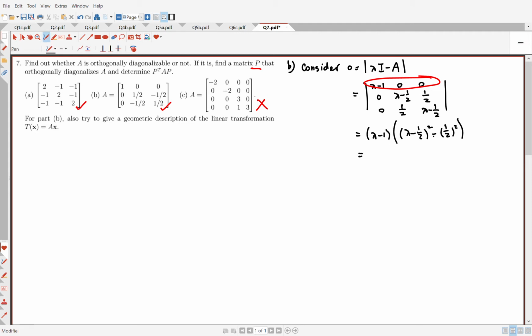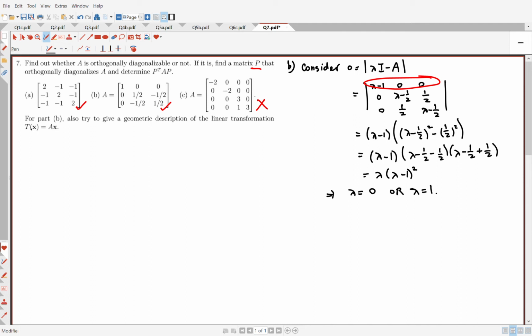And this is just A plus B, A minus B, because this is A squared minus B squared. So I will have lambda minus half, lambda minus half plus half. So this is lambda minus 1, this is lambda. So I have lambda times lambda minus 1 squared. So lambda equals 0 or lambda equals 1. So we have two eigenvalues.